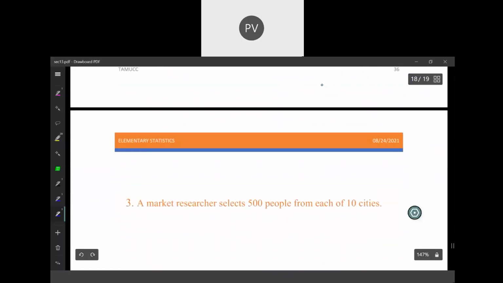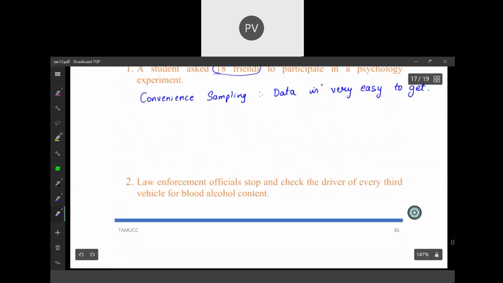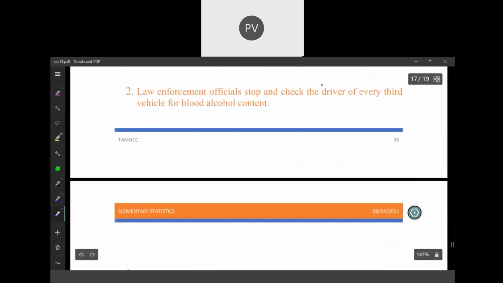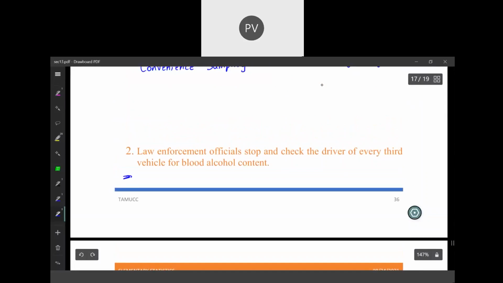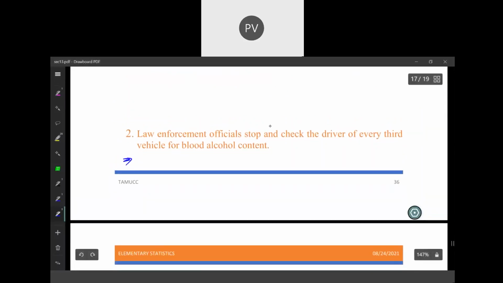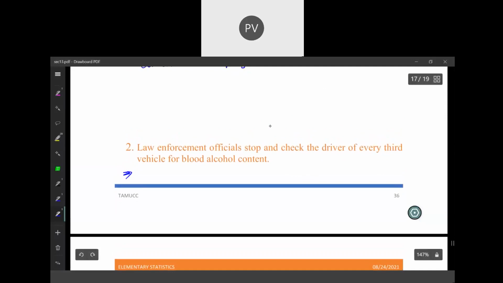Next. Here they are saying that law enforcement officials stop and check the driver of every third vehicle for blood alcohol content. As I said, they are stopping and checking the driver at every kth element.